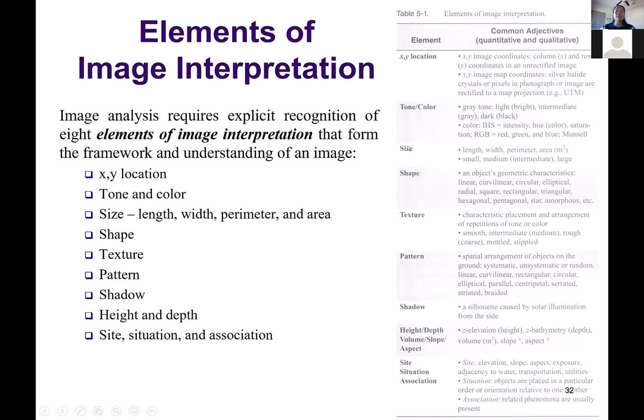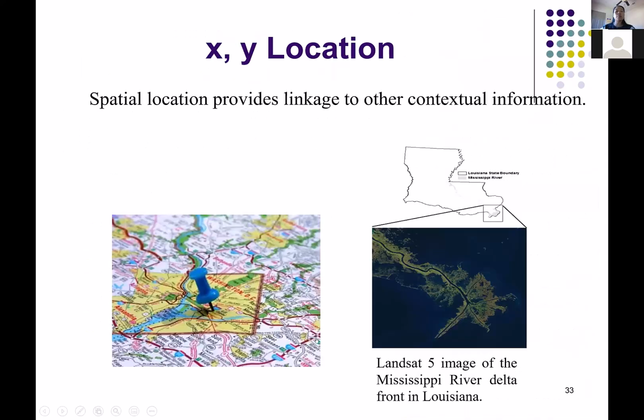Also the size of the object, including absolute size versus relative size, and shape, texture, pattern, shadow, height, depth, slope, aspect, and site situation. We're going to look at more illustration of these elements.